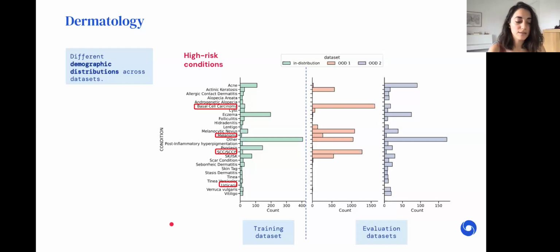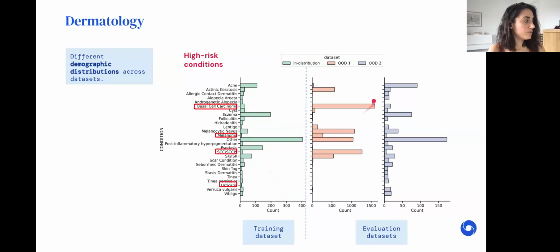But when we look at how performance is impacted by the synthetic samples, we focus on sensitivity for these high-risk conditions, because we really care about not harming performance for those. They're also the ones that are underrepresented in the original training data set that you can see here.